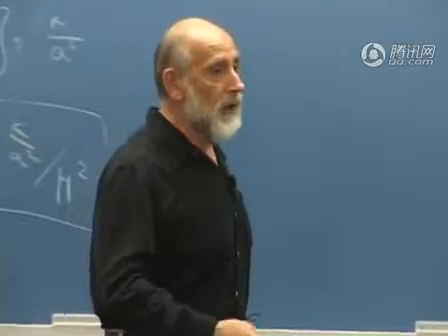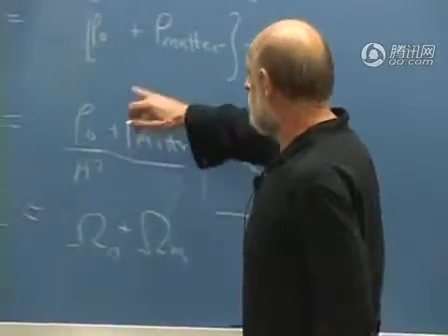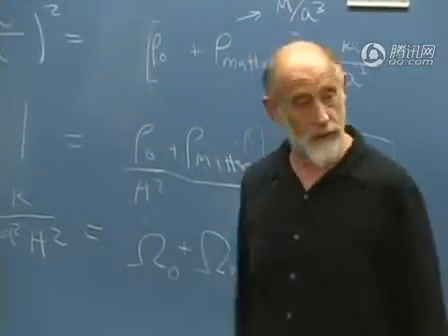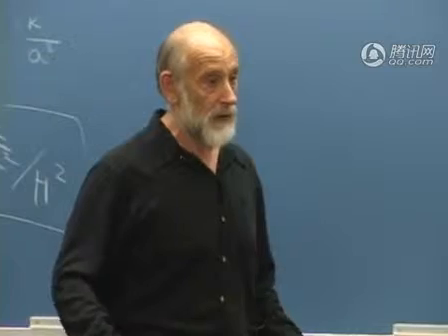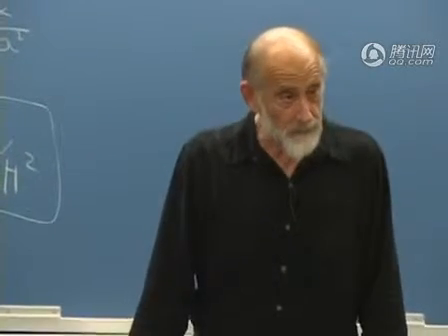So the observed apparent tendency toward exponential increase is the direct evidence for rho naught. Okay. But isn't that the same thing as, I mean, how is that separate from H?